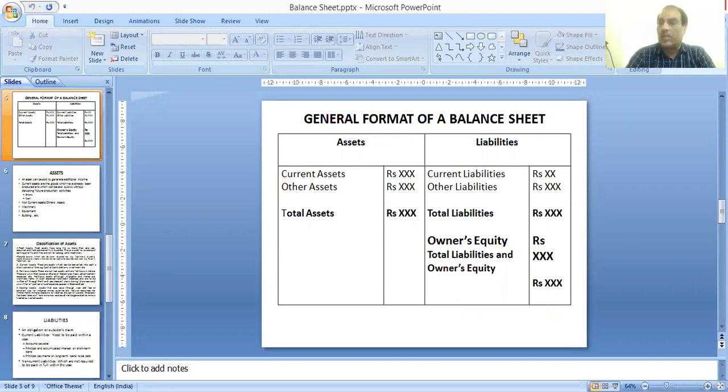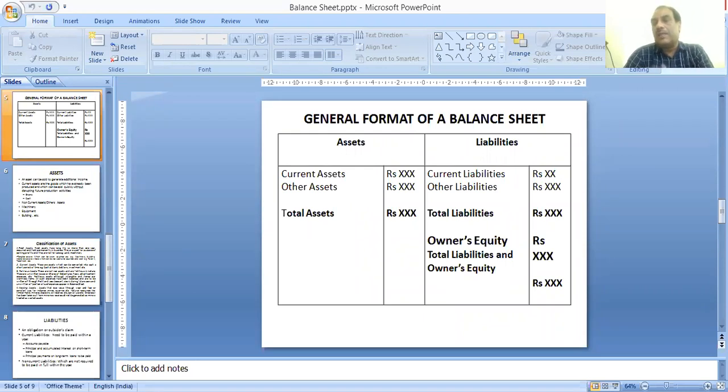So all goods produced which are available for sale are current assets, cash, current assets. So we have current assets, and then there are other assets which are included in the assets.